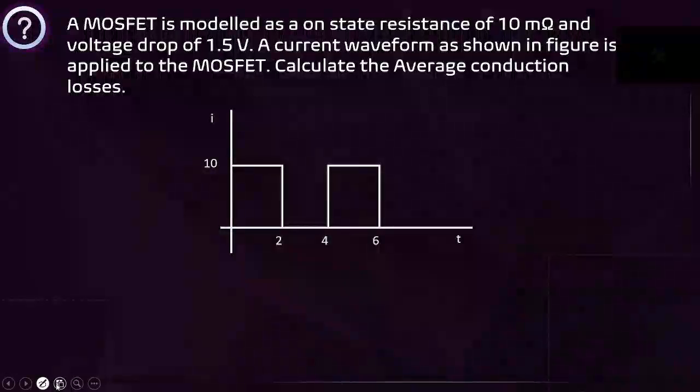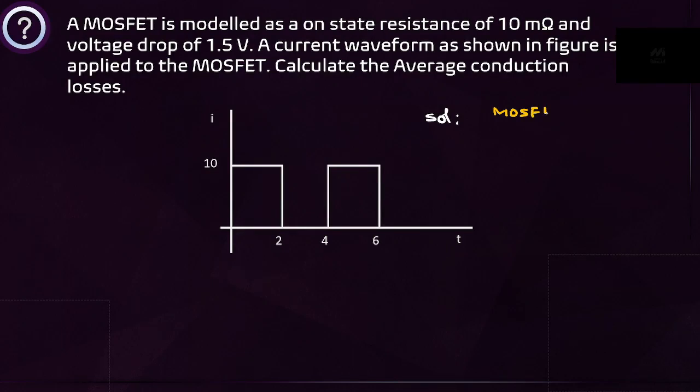For example, if the question is asked like this, friends: a MOSFET is modeled as an on-state resistance of 10 milliohms and a voltage drop of 1.5 volts.